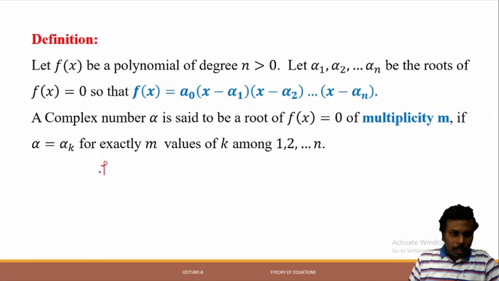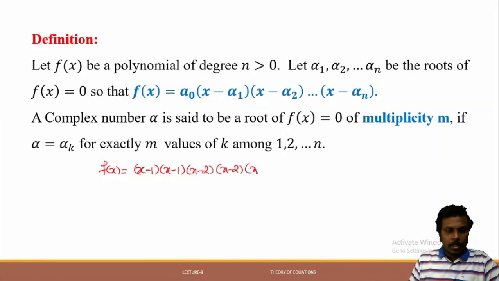Now let me consider f of x is equal to x minus 1 into x minus 1 into x minus 2 into x minus 2 into x minus 2 into x minus 3. Here n is equal to 6.